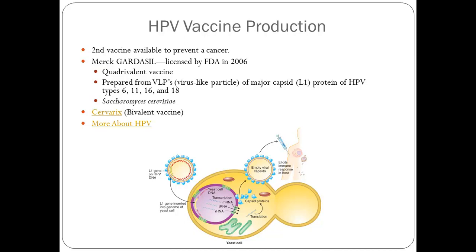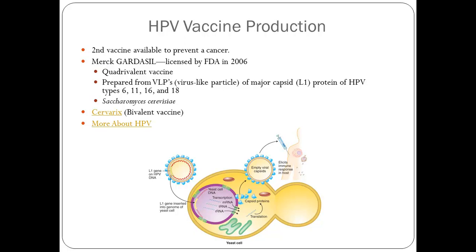So, how did we make this vaccine? Well, here's a yeast cell, Saccharomyces cerevisiae. What you do is you take the HPV and look at that circular DNA. Remember we said that it has a circular DNA, and within that DNA it has an L1 gene. We're going to take just the L1 gene that codes for these capsids and stick it into the yeast cell's DNA.